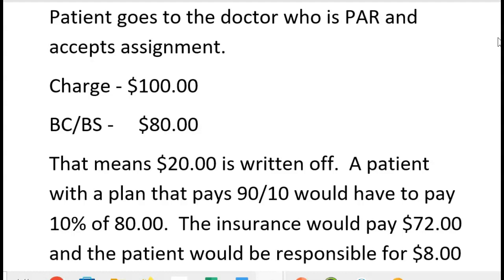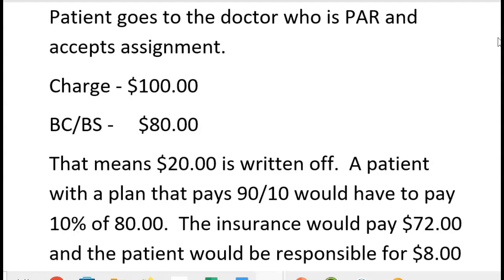The patient comes into internal medicine because they have a side ache, and we're going to say they want to make sure it's not appendicitis. The charge for that visit is $100. Blue Cross Blue Shield, who once again is accepted by Grand River, states that for that level, we don't charge $100, it should only be $80.